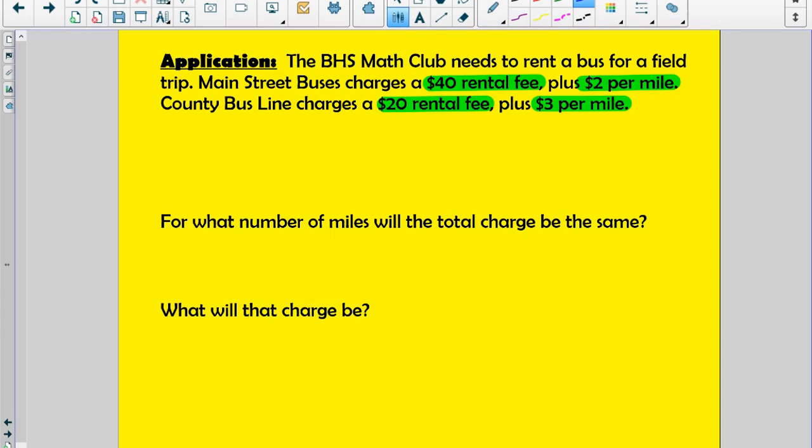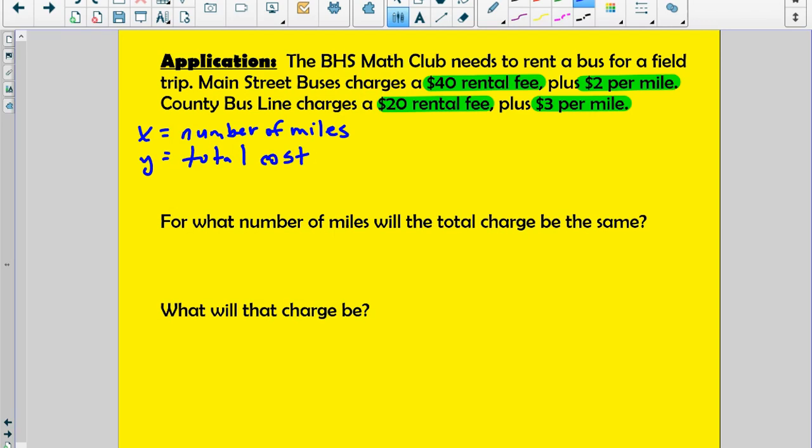Well, we have x, which is going to be the number of miles. That's the one thing we don't know here. How many miles are you going to go on your field trip? And then based on the number of miles, we would use that to calculate the total cost.